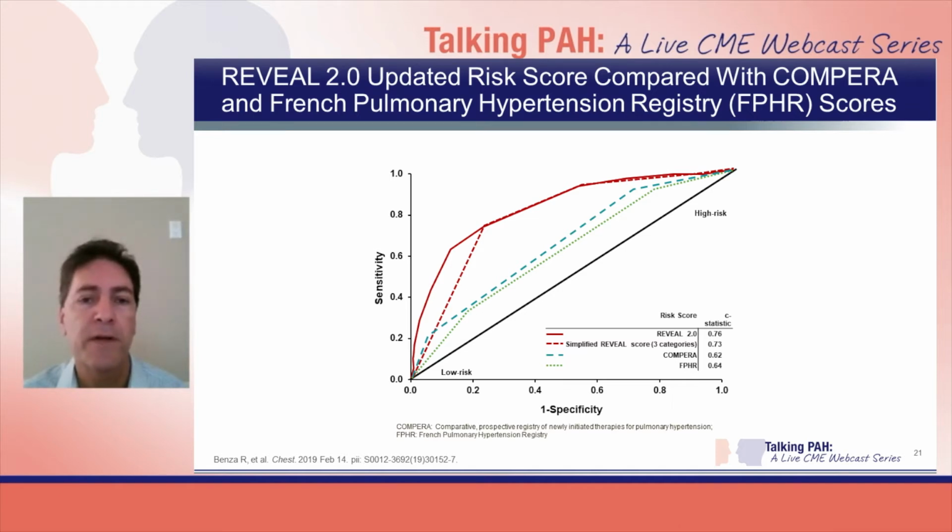The closer you can stretch that red line over to the top left of 1.0 and over to the far right of 1.0, the better your C statistic is for reliably predicting outcome with scores. And so this slide tells us that compared with COMPERA and even with the French Pulmonary Hypertension Registry, the REVEAL 2.0 risk score correlates better, as a better predictor, if you will, of outcome.